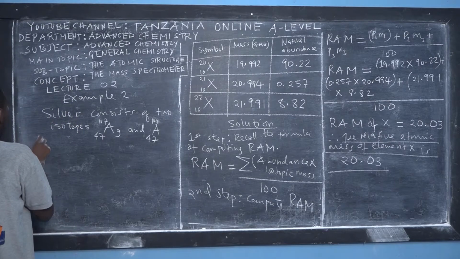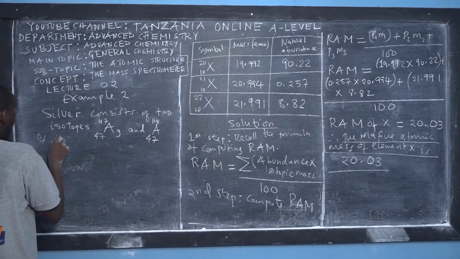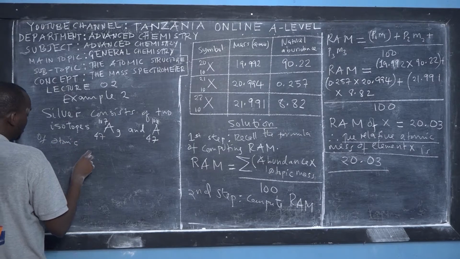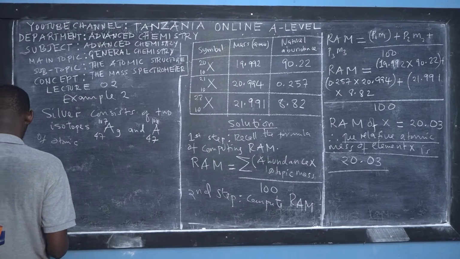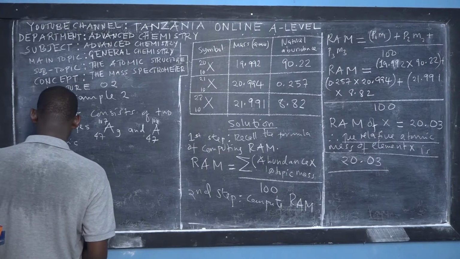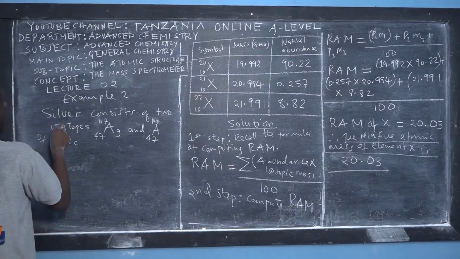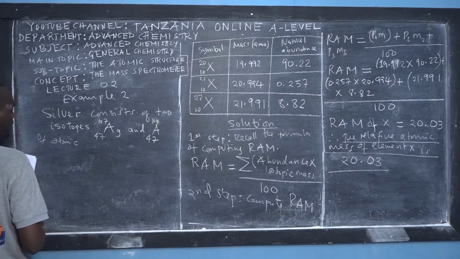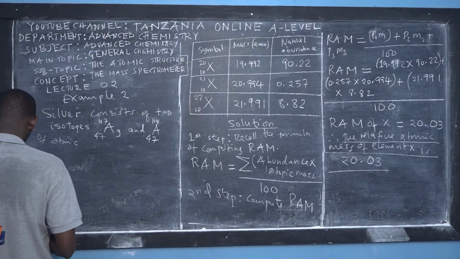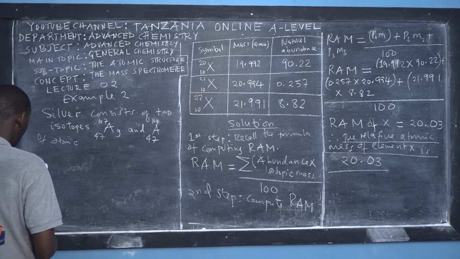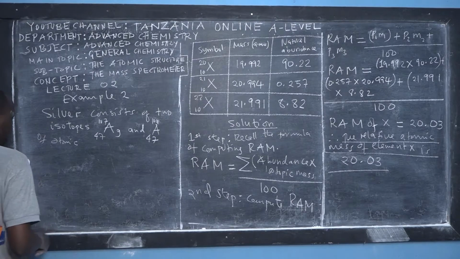Of atomic masses, silver consists of the two isotopes, that one and that one, of what? Of atomic masses.